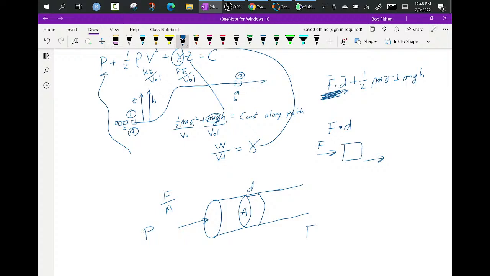So the force is going to be the pressure, pounds per square inch, times the area in inches squared. I don't have to use inches, but that'll be your force, times what distance did it move? It moved a certain distance here.